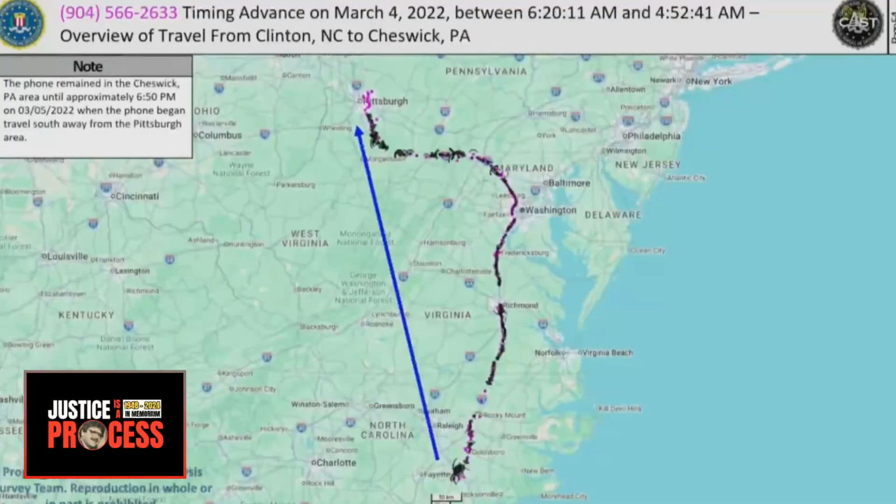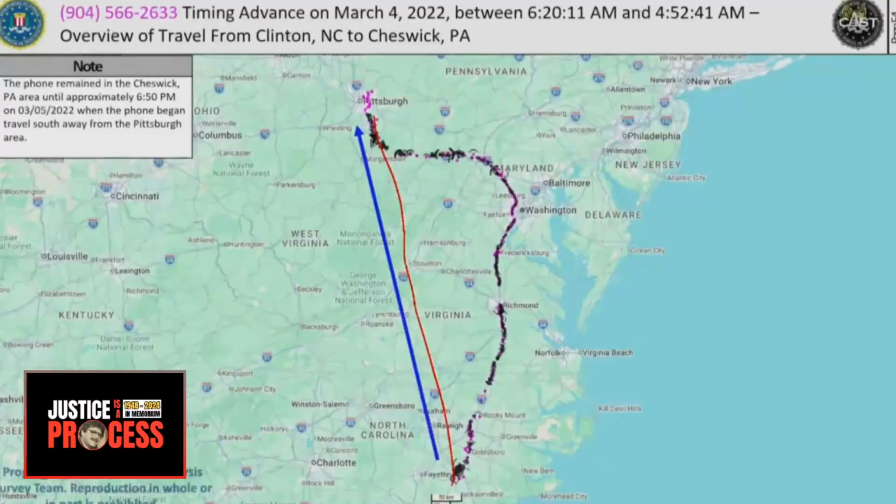Slide 54, what is indicated in this slide? This is showing all the activity during that time frame between 6:20 a.m. on March 4th and 4:52 showing the movement of the target cell phone to the Cheswick, Pennsylvania area. So the phone remained in the Cheswick, Pennsylvania area until approximately 6:50 p.m. on March 5th, and when the phone began to travel south away from the Pittsburgh area.